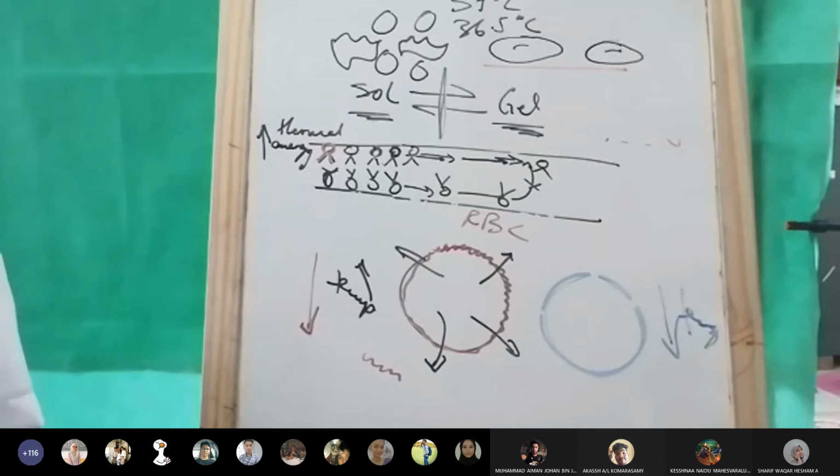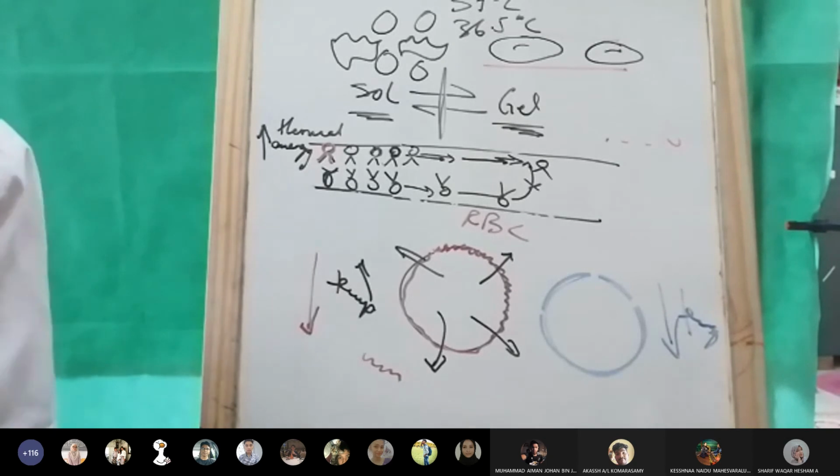Now, I'm using the slides, so you can look at slide number 12, look at cholesterol. But the rest of the phospholipids, you can read there. You have different types of phospholipid, depending on the head: inositol, serine, choline. That determines the different types of phospholipid.